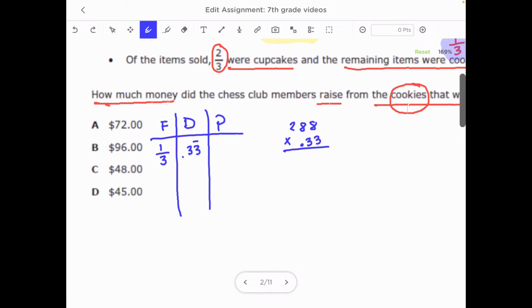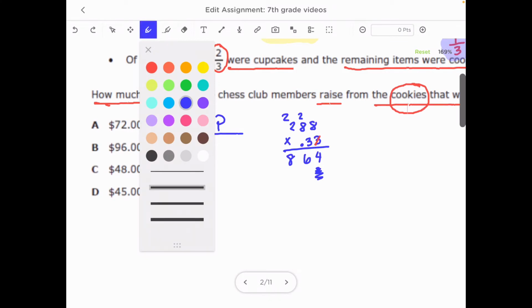So 3 times 8, that is 24. Carry the 2. 3 times 8 again is 24, plus 2 more is 26. Carry the 2. And then 3 times 2 is 6, plus 2 more is 8. I am no longer using this number 3.